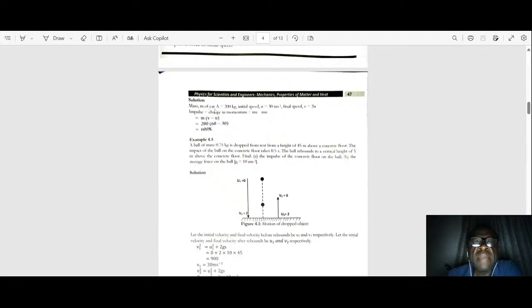The mass m of the car A is 200 kg, initial speed u is 30 meters per second, final speed is 2u, 2 times the original speed. What is the impulse? Impulse is change in momentum, which is equal to mv minus mu.